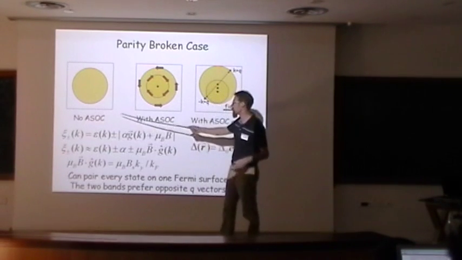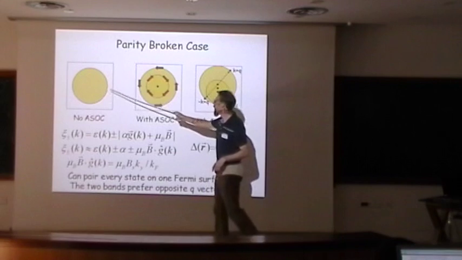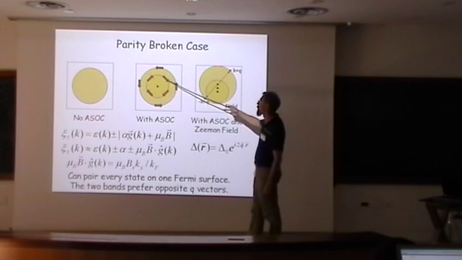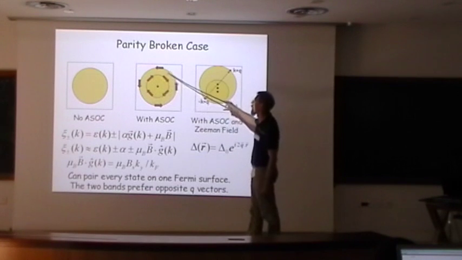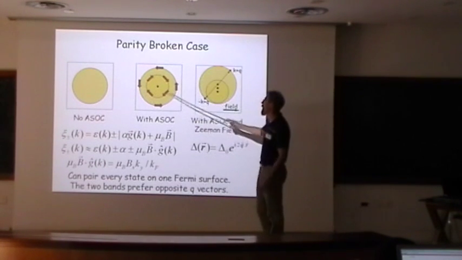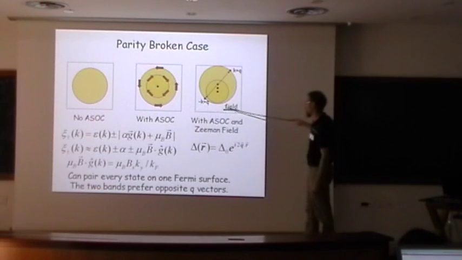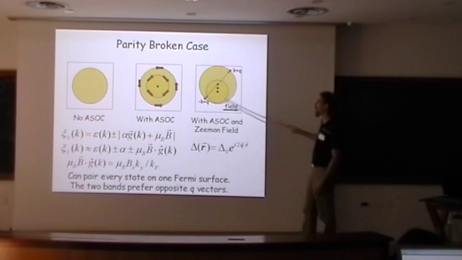I didn't use that language before. That's what the A stands for. And now I apply the Rashba spin-orbit coupling. I get my spin states that run tangential around each band like this, and I get 2 bands coming out of that. And now what I'm going to do is apply a field in this direction, here in the plane. And I'm going to tell you what happens to these bands.